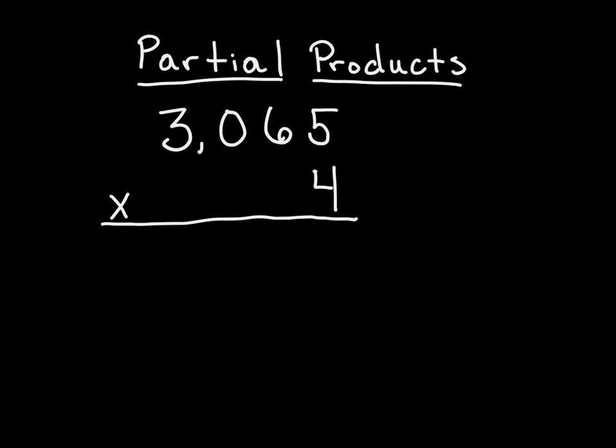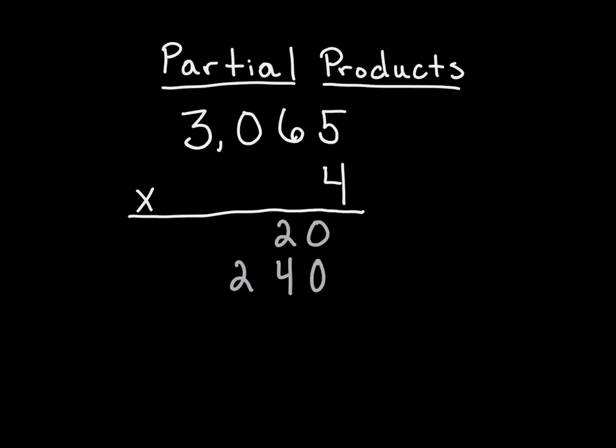Okay, the next partial product problem is 3,065 times 4. So in our ones, we've got 5 times 4 is 20. 6 times 4, that's 6 tens times 4, so that's 60 times 4, and that's 240. Then we have 0 times 4, which I'm not even going to bother. You could actually put the zeros there as placeholders if you want to, but we don't really need to do that, because now we're going to go to the thousands.